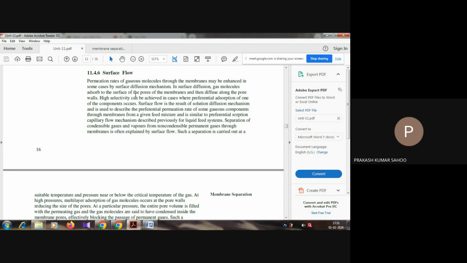Under this mechanism, the permeation rate depends on the thickness of the membrane. If the thickness of the membrane is more, the time taken for the diffusion process will be longer, and the separation becomes slower.